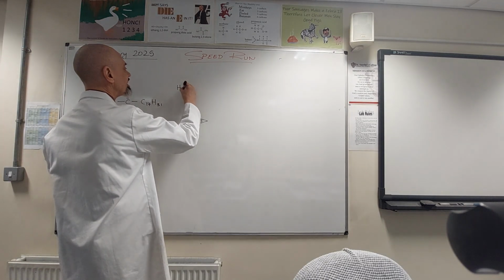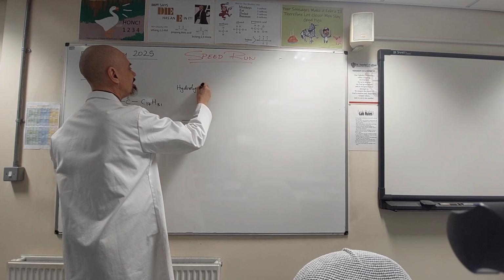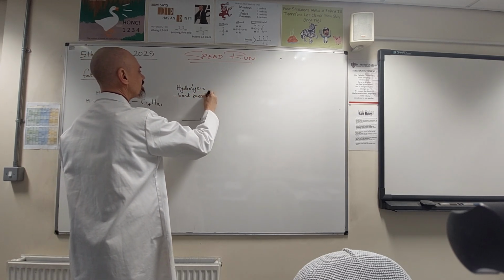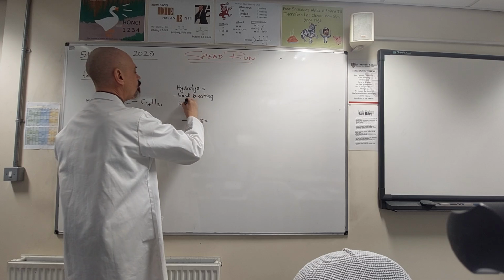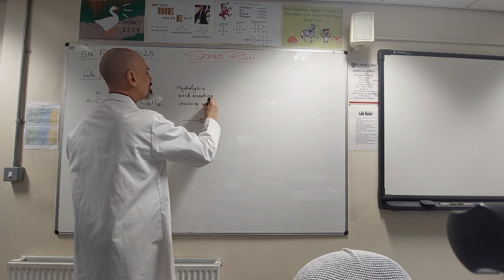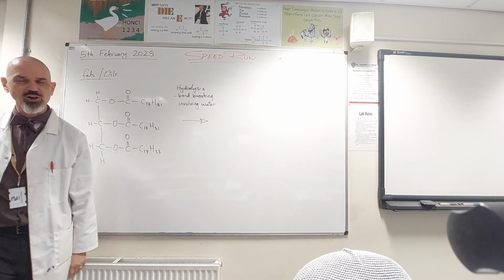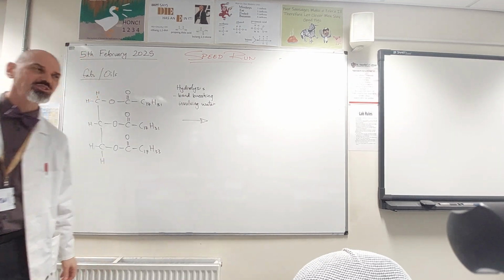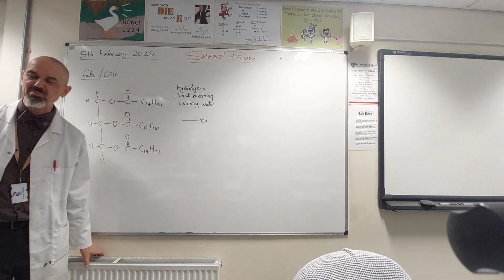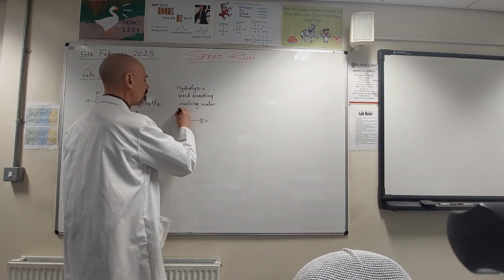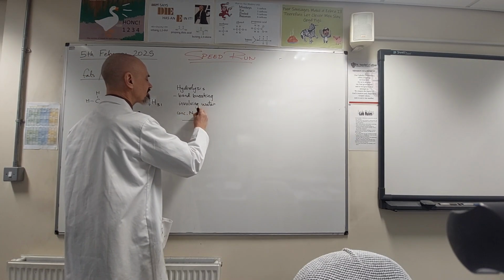Hydrolysis is any kind of bond breaking reaction involving water. Now, if we stick some fat in water, not a lot's going to happen. Fats are not soluble in water, so we need something with a bit more pep. So we generally would use fairly concentrated sodium hydroxide for this.